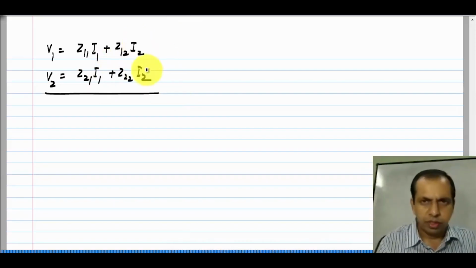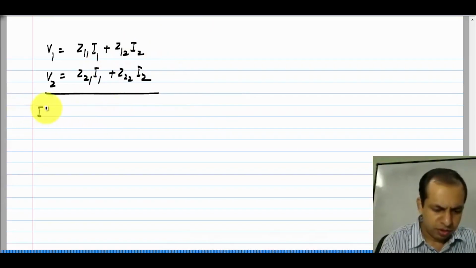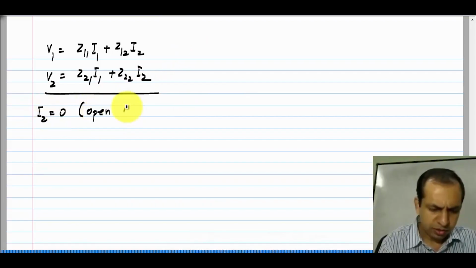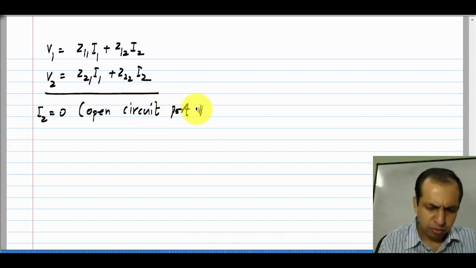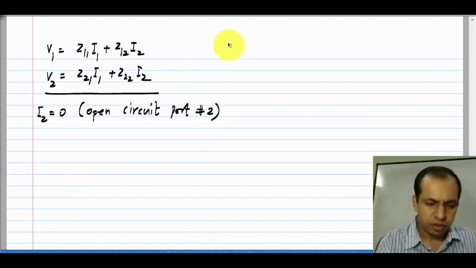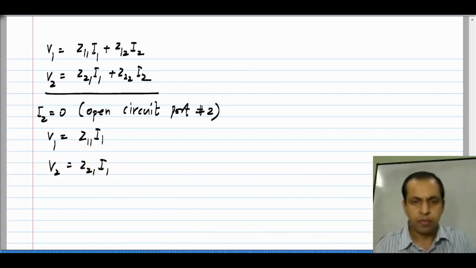Now, the convenient combinations to take are, first of all, you set I2 equals 0, that is you open circuit port number 2. So, under those conditions, what happens? You will get V1 to be Z11 I1 and V2 to be Z21 I1.